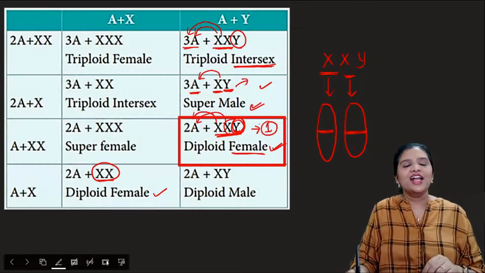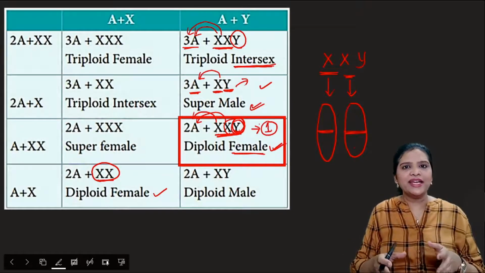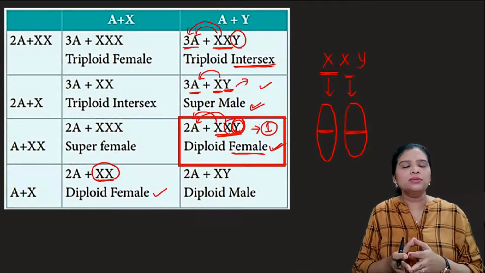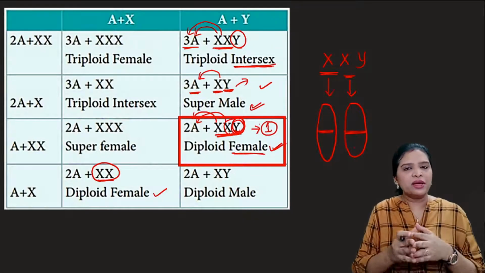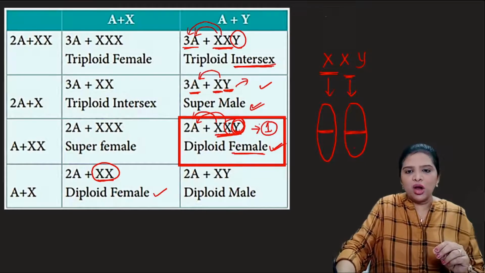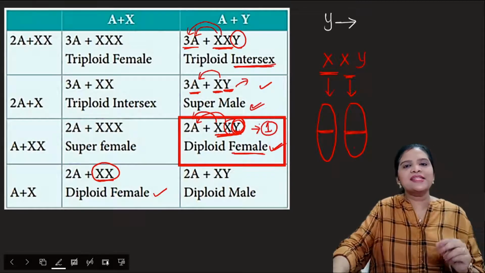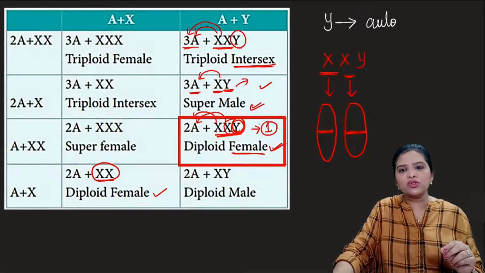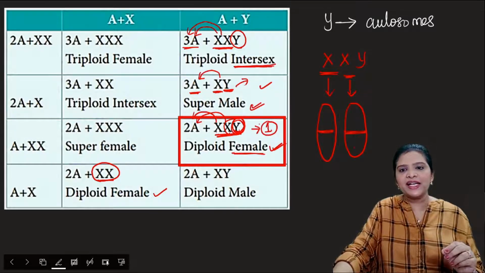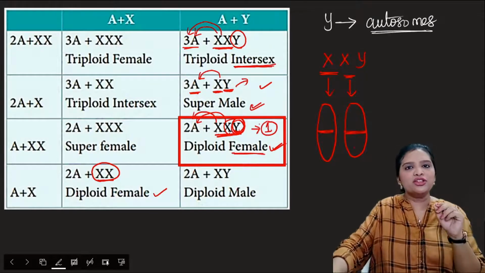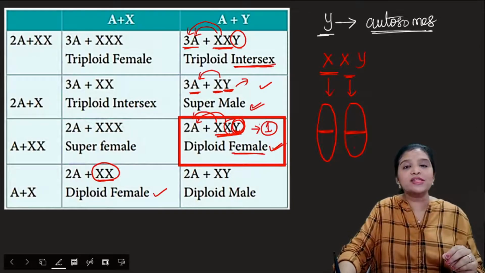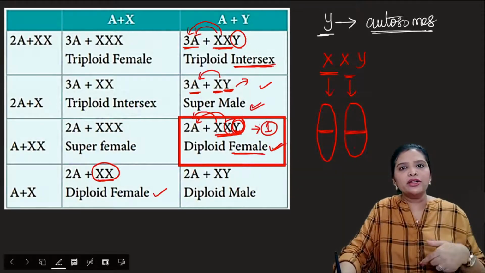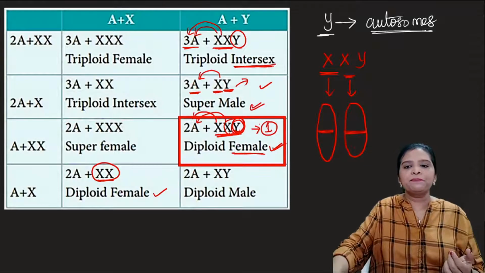Got it? So this is how the sex is determined in Drosophila. In order to conclude, we understood from this lecture that not just the Y chromosome determines the male character in Drosophila. Apart from that, the autosomes are responsible for determining the male characters. But the Y chromosome is also essential in order to produce sperms.